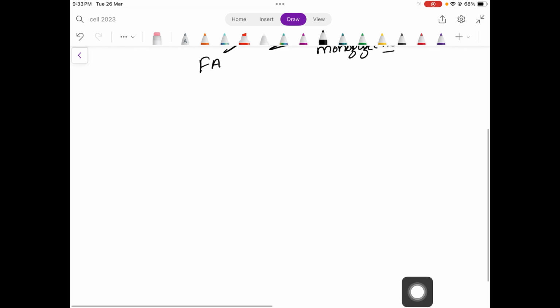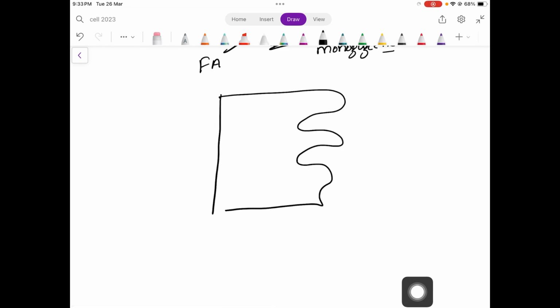Now, from the intestinal lumen, these fatty acids and monoglycerides are absorbed into the intestinal cell.